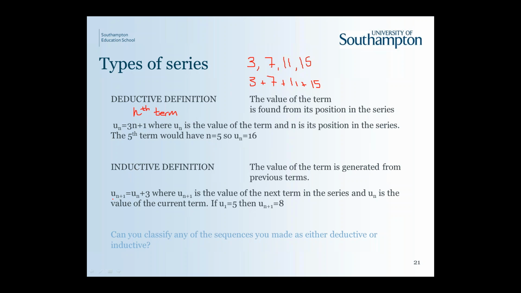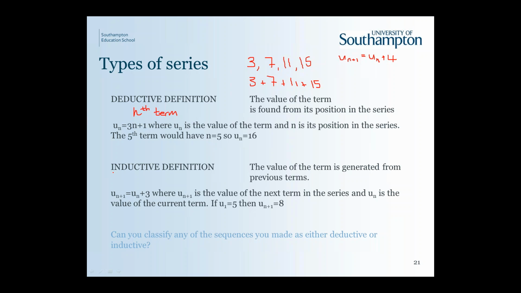So we just look at this, u(n+1), so that means the (n+1)th term, the next term, is the previous term plus 3. So for this one that I've written up here, the inductive definition would just be the next term, u(n+1), is the previous term, or the term we have, plus 4. So that's the inductive definition.